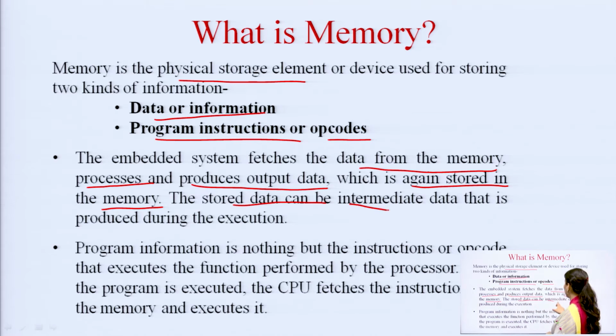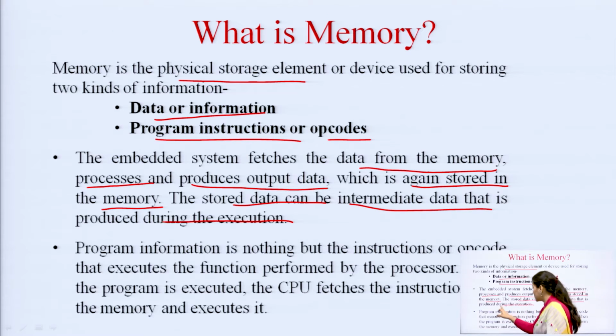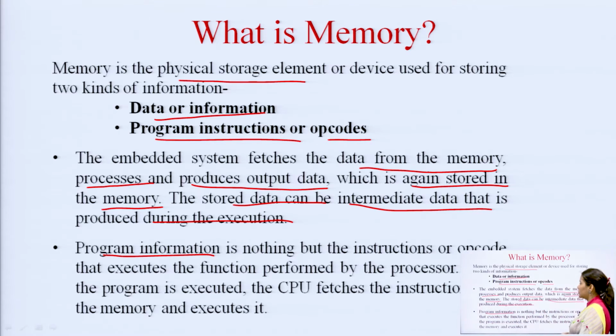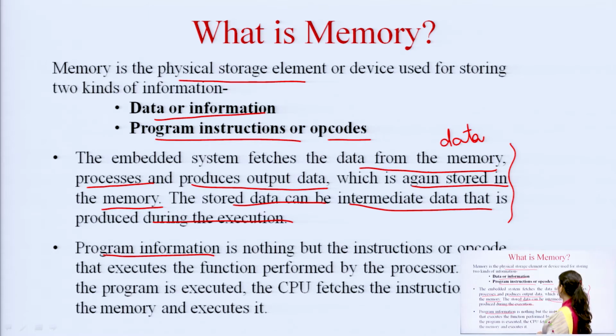The stored data can be intermediate data produced during the execution. The program information, what is program information? What we were discussing just now was the data, whether it is raw data, finished data or intermediate data. Now, we come to the program information. It is a set of instructions, or operational codes, that executes the function performed by the processor.